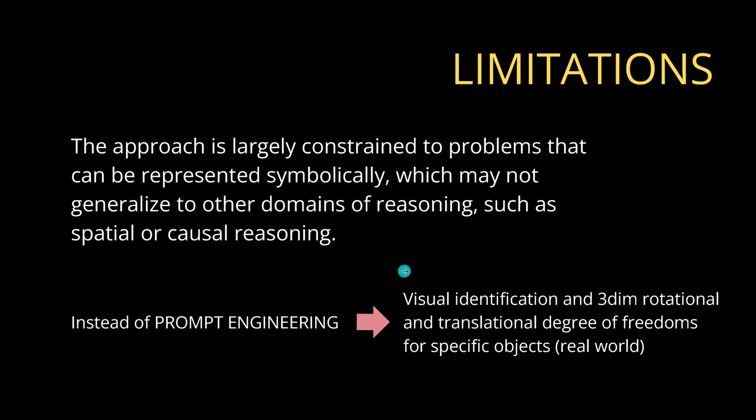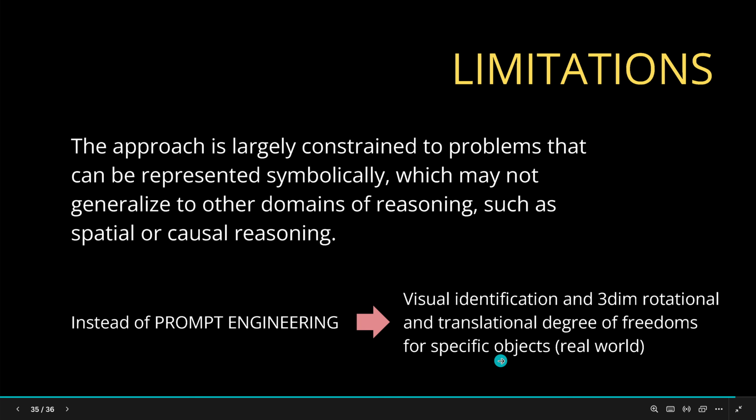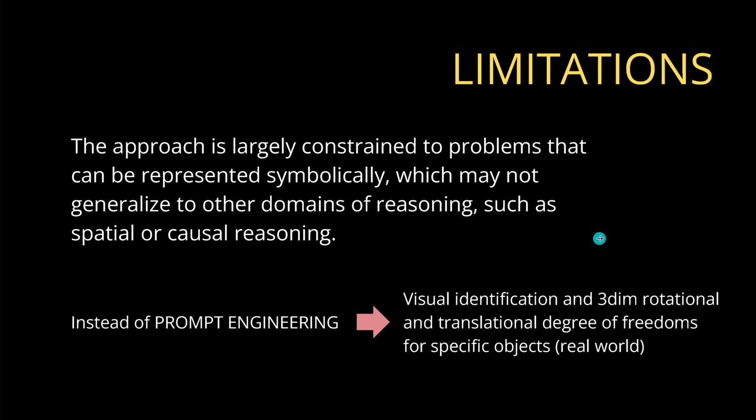And then you can solve this limitation of spatial reasoning. Simply identify each object, identify which rotational degree of freedom this object has, which translational degree of freedom this object has, what can I do with this object, and then these limitations evaporate into thin air.